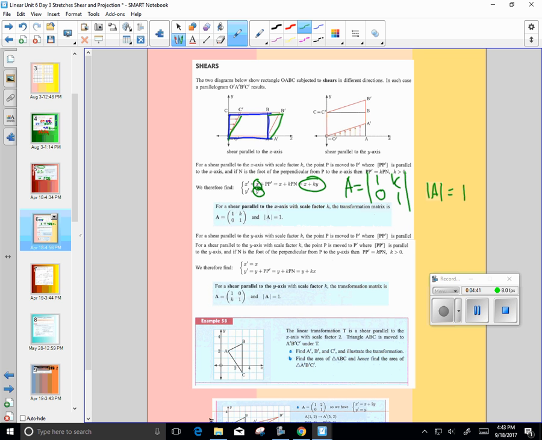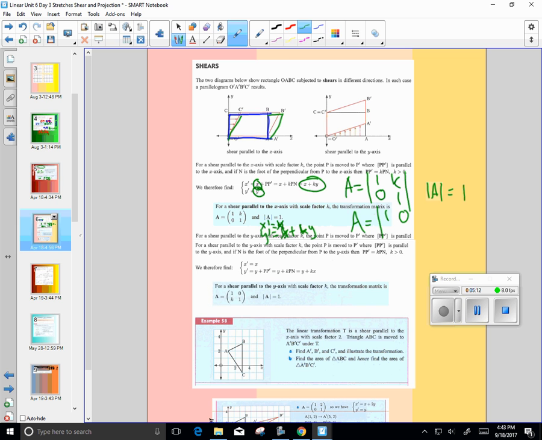And then when you shear parallel to the x-axis, you get the same thing, except x prime equals x and y prime equals y plus kx.